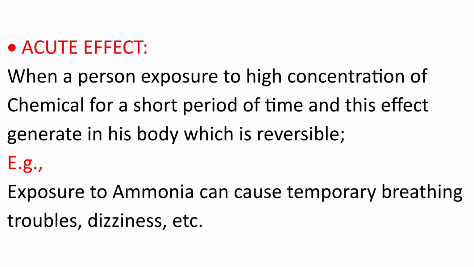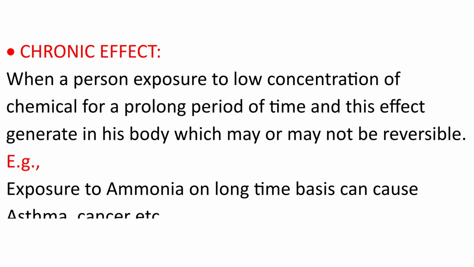Question. Acute effect. Answer. When a person is exposed to high concentration of chemical for a short period of time and this effect generates in his body which is reversible, e.g., exposure to ammonia can cause temporary breathing troubles, dizziness, etc. Question.